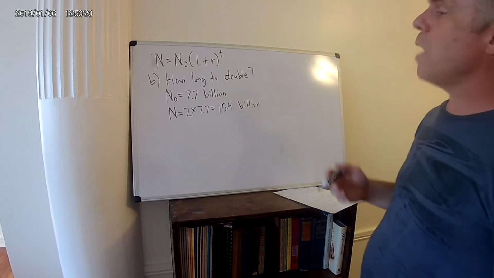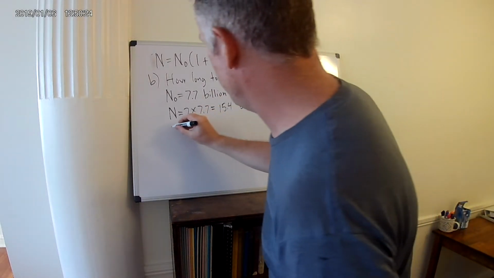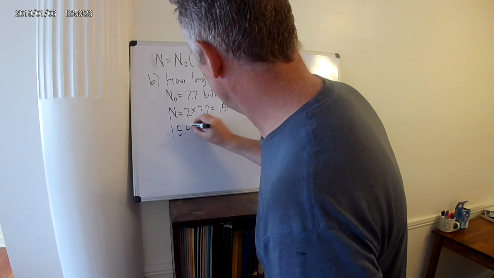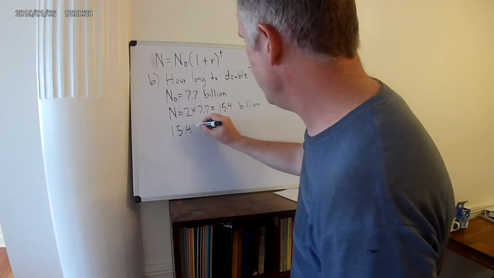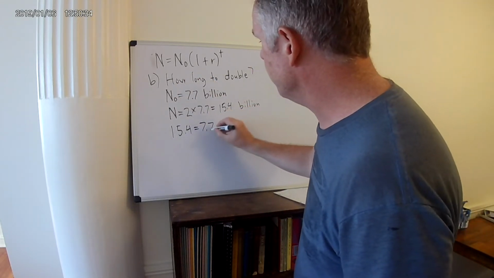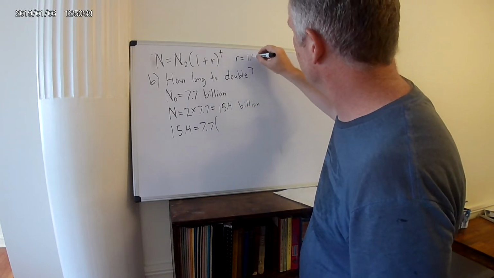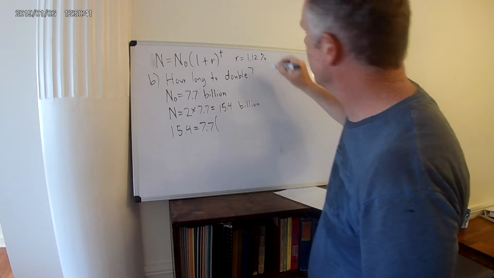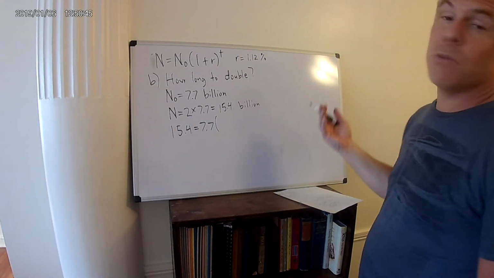So what we do in this problem is we can now plug in 15.4 billion for n. We plug this in our equation, our n0 is 7.7 billion. And our growth rate, if you recall, was 1.12%. The growth rate, we'll assume it remains the same.